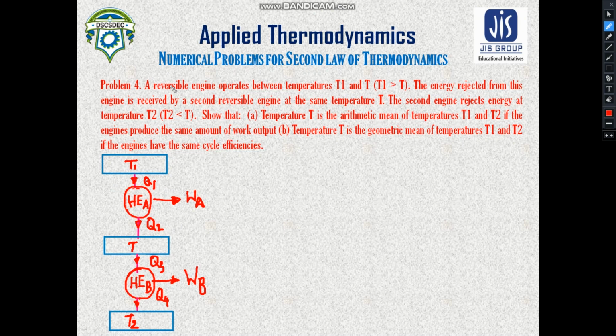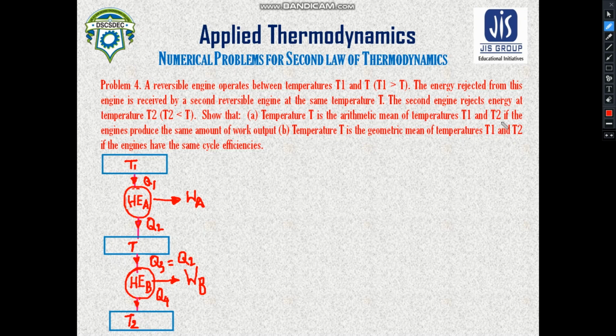A reversible engine operates between temperatures T1 and T. So this is the first reversible engine, engine A, which is operating between the temperatures T1 and T. The energy rejected from this engine is received by a second reversible engine at the same temperature T. So you can write Q3 equal to Q2, because the energy rejected by heat engine A is received by heat engine B.